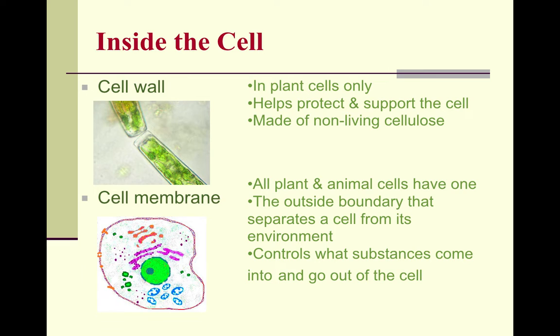That's different than in an animal. But that cell wall helps protect and support the cell, and it's actually made of non-living cellulose. The cell membrane surrounds the entire cell. It is the outside boundary that separates the cell from its environment. The cell membrane also controls what substances come into and go out of the cell.